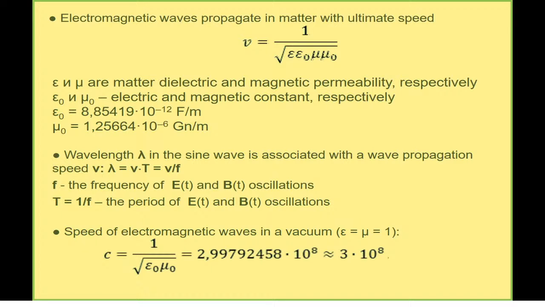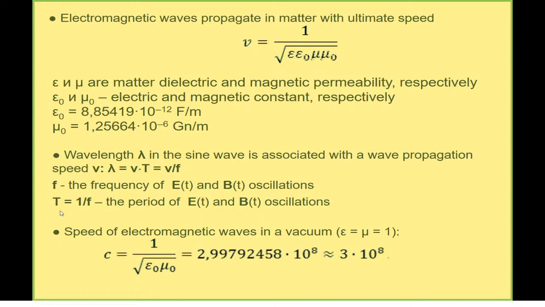What are oscillating? The electric and magnetic field vectors representing them. And we talk now about the completed cycle, one completed oscillation of these vectors per unit time, and this is just the frequency.